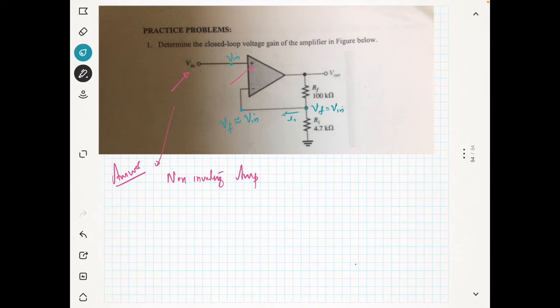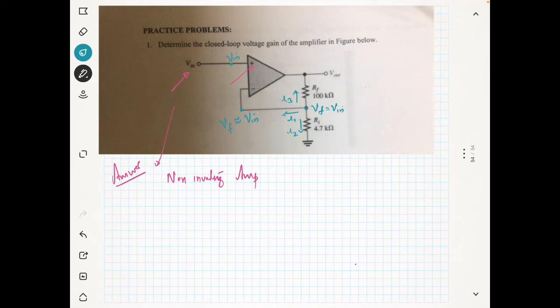Let's say this is I1, this is I2, this is I3. I have assumed all the currents are leaving the junction. This assumption has no issue, because if your assumption is wrong, you will get a negative current. That means the actual current is in the opposite direction to the one you have assumed.